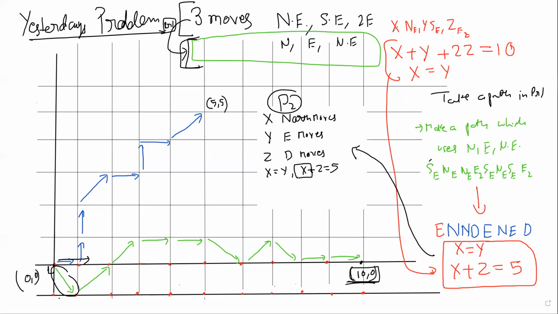Okay. Now you try to convince yourself that this means exactly that you will reach 5,5. And that's very clear because if you're making x north moves, okay, x is north here. That's why it's confusion, right? Yeah. If you're making x north moves, so this is north and this is diagonal, right?